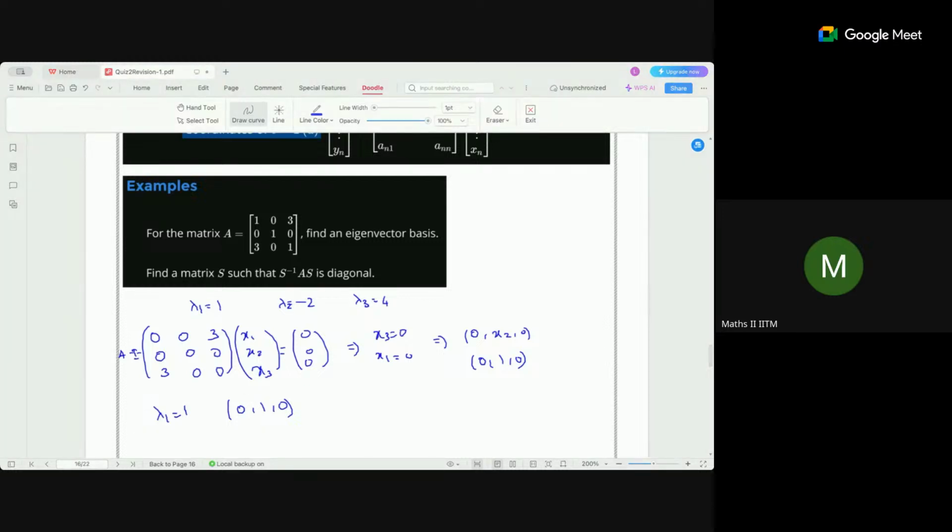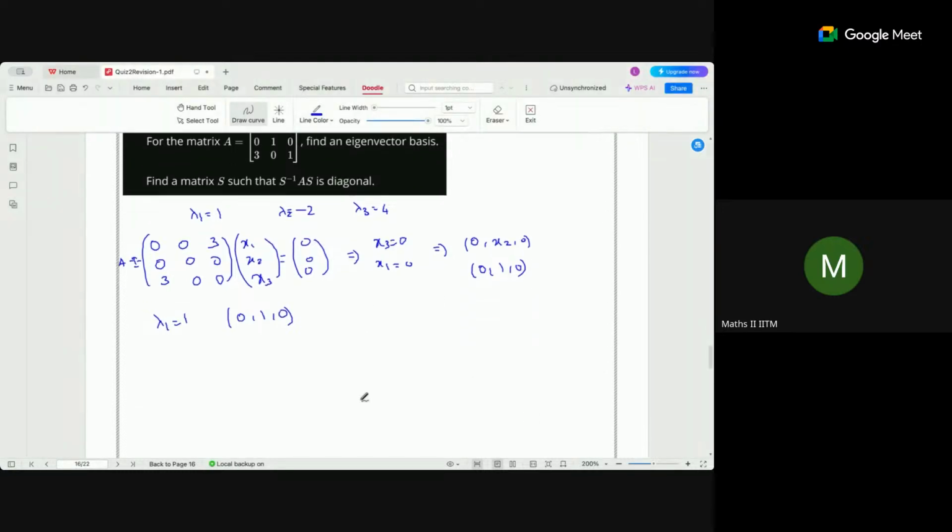Okay. What about for lambda equal to -2? Can anyone tell the answer for lambda equal to -2? 1, 0, and -1. Yes. 1, 0, -1. Good. And for 4? 1, 0, and 1. Good. So what is your matrix S now? First column will be 0, 1, 0.